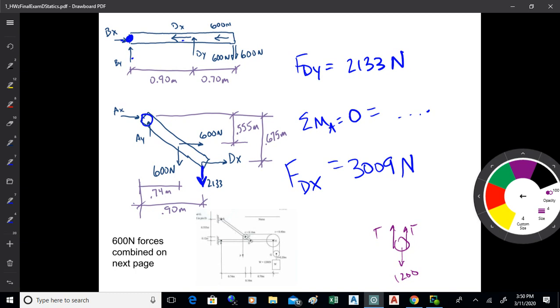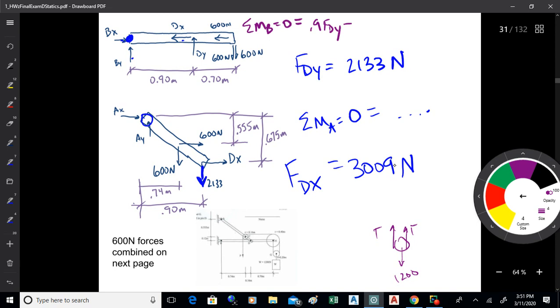Okay, so then I just kind of work through this. I'm going to start at that flat one because I've got 4 unknowns on both of these, but I can work with a flat member like I've got from B to D to E, I think it is there. So I can just take moments about B and set that equal to 0. And what do I got? I've got my unknown Dy times 0.9, and then I've got the 2 600s times 1.6.